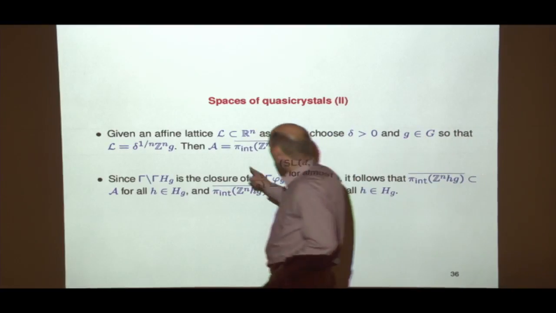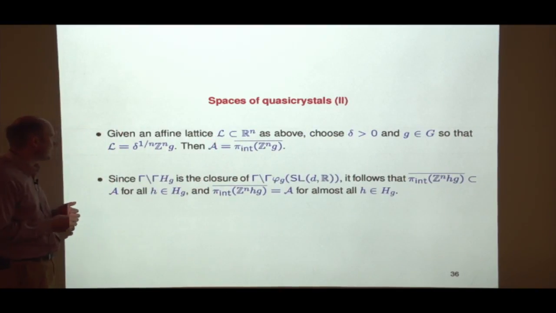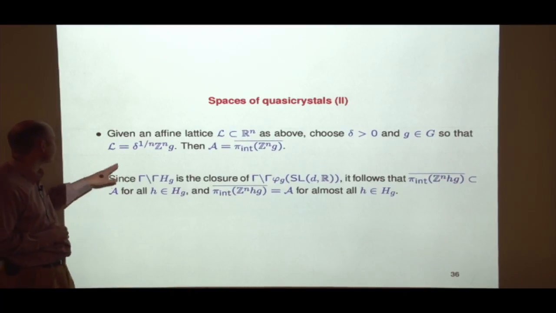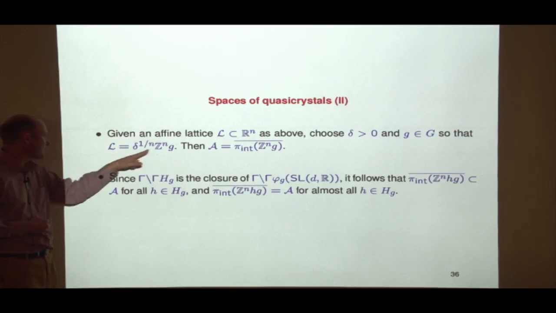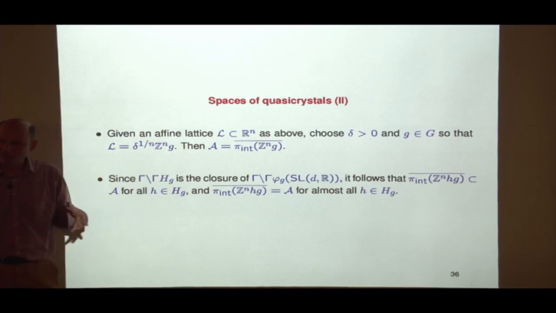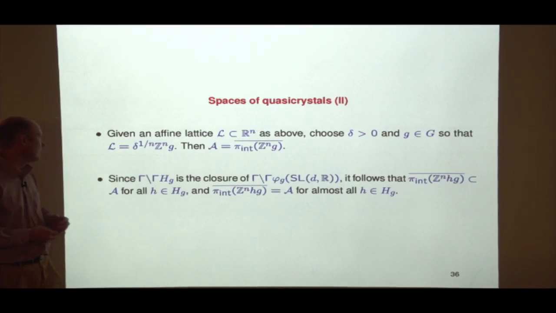So this is all as above. This is our initial lattice that we use in our construction, and we represent it as Z^n times g. We have a scaling factor here because this lattice initially might not have had covolume 1. So we just rescale it. It's not so important.